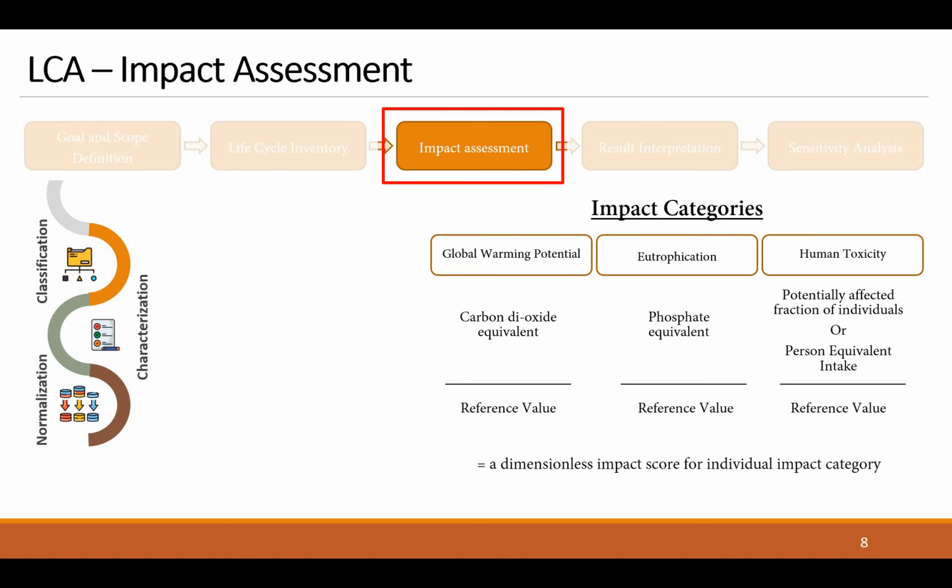That way we would be able to identify that for this product, we are generating this many times the global average. If it's too high, that means we are generating too much of that particular, I won't say gas, because we are talking about category indicators here. So we are harming the environment too much, I would say, in these terms.